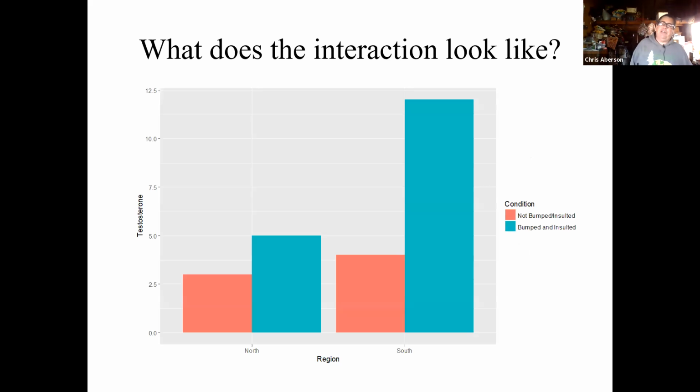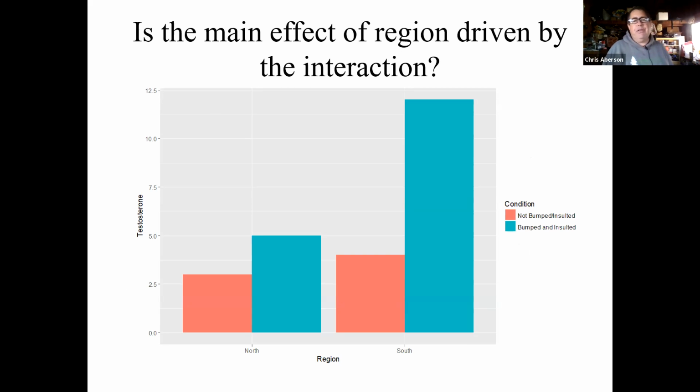So what does this interaction look like? If we take a quick look at this, one thing we can see is that when southerners got bumped and insulted, their means went way up, and overall most of the other means are pretty similar. The first question going through: is the main effect of region driven by the interaction? One way to look at that is, do the two left-hand bars, the not bumped and not insulted conditions, show a different pattern than the bumped and insulted bars?